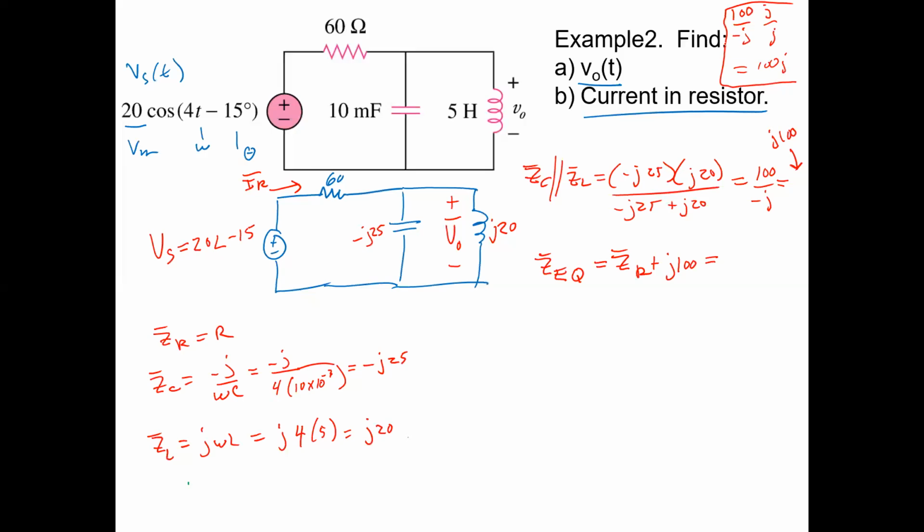So the equivalent is ZR plus J100, which is going to be 60 plus J100. And we just got like 4 more lines to finish this thing up.